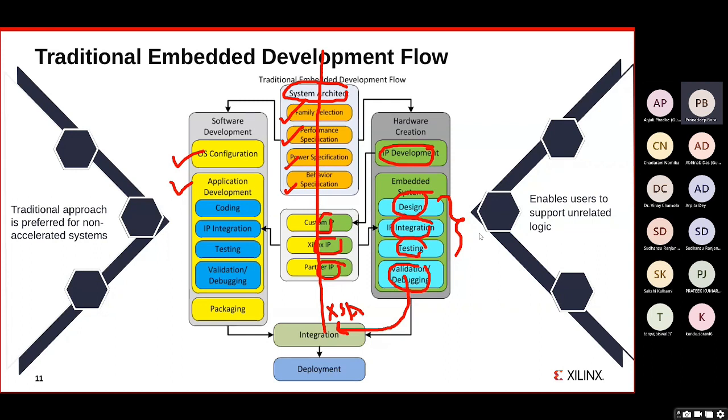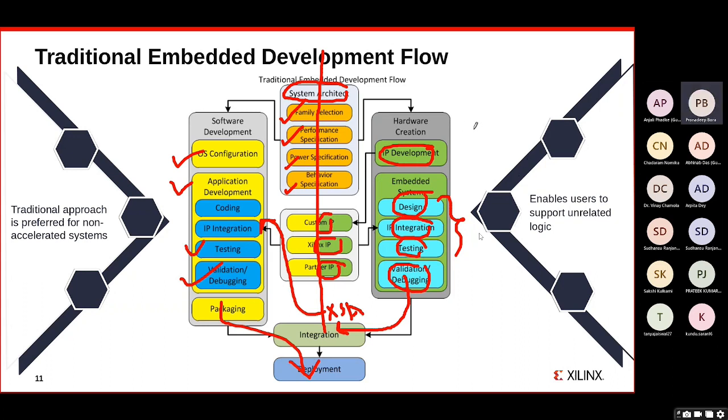So all that address information will be given to the software development side. They will include all those things in their code, in that half-built code. They will do testing and validating, and finally that product will be ready for deployment. So this is the embedded flow process that we can come up with.